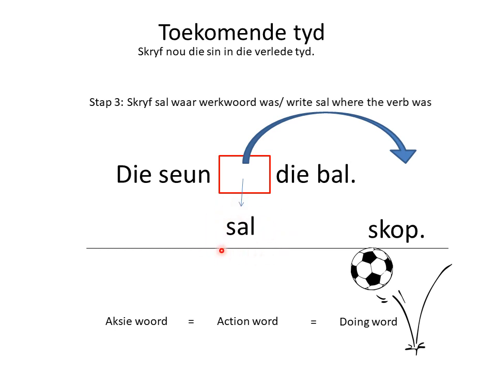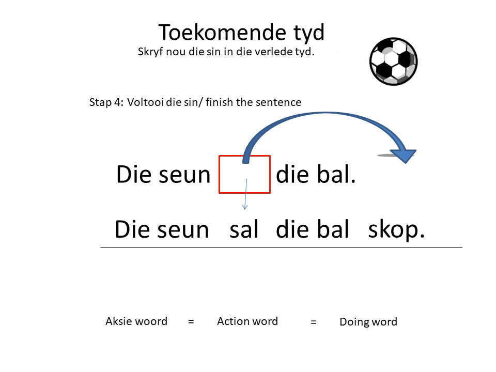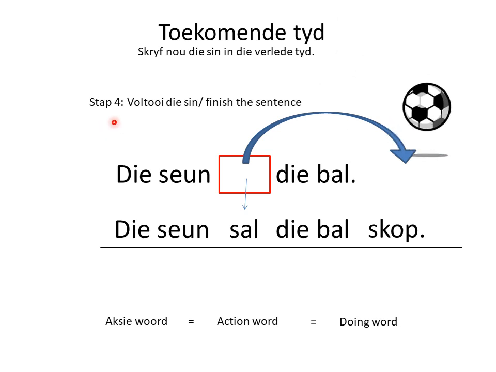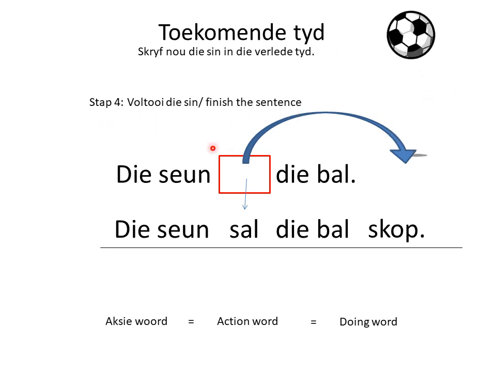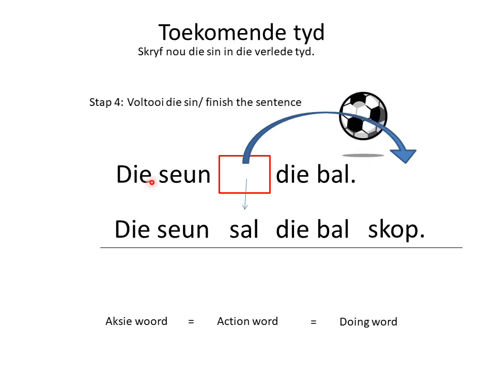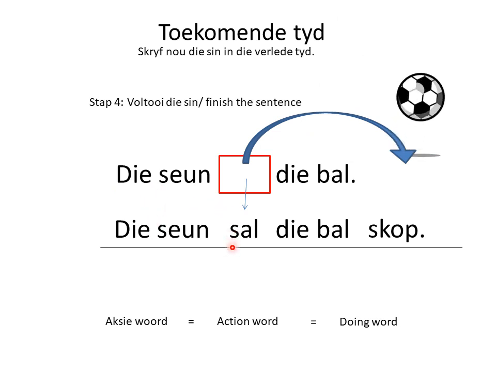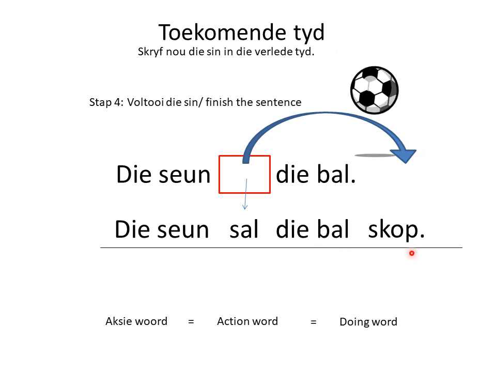So we write sal in that space there. Then, lastly, step 4, we need to finish the sentence. All we need to do is move the rest of the sentence into the open spaces. Die seun sal die bal skop.